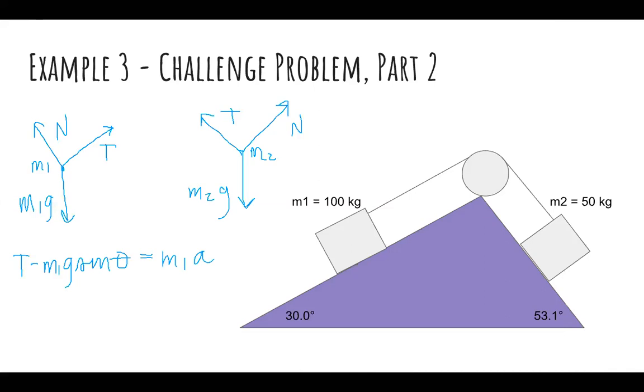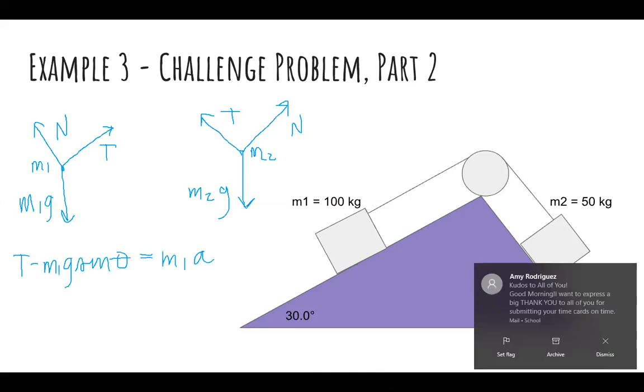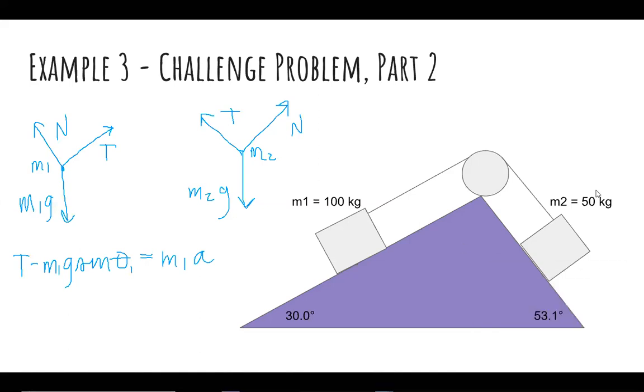A is constant for both of them. The difference between this problem and the last one is that theta is not constant for both of them. So if we're writing in variable form, we should write that as theta 1. Pay special attention to your notation with these kinds of problems because theta is changing.